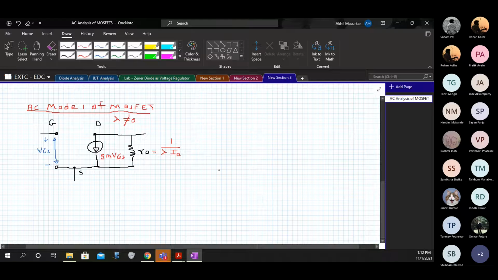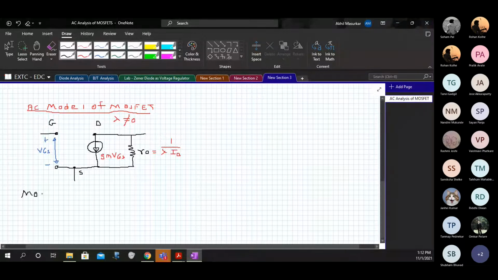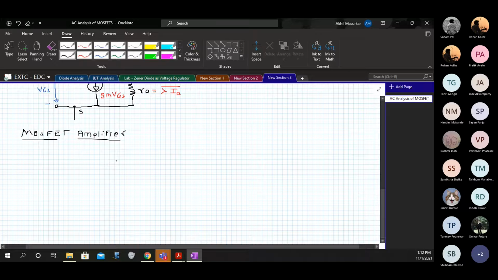So now let's see the AC equivalent of the MOSFET amplifiers. So let us draw together.